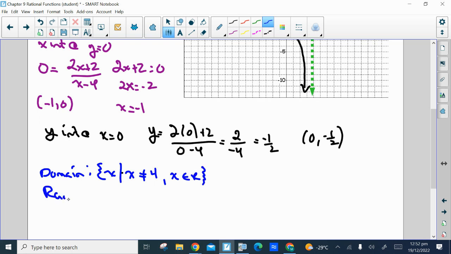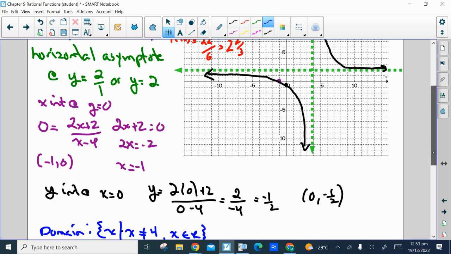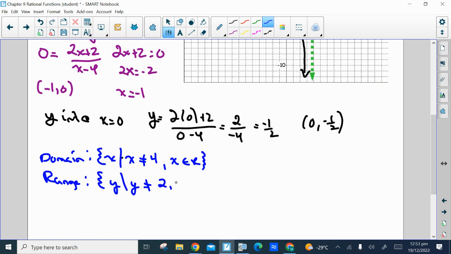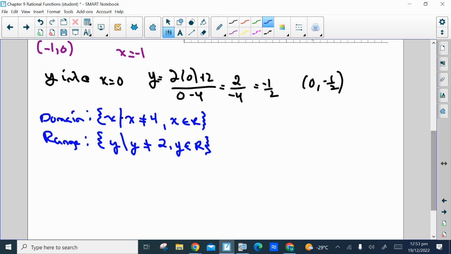And the range, all values of y such that y cannot equal positive 2. Again, the asymptotes are key to the domain and range. Okay?